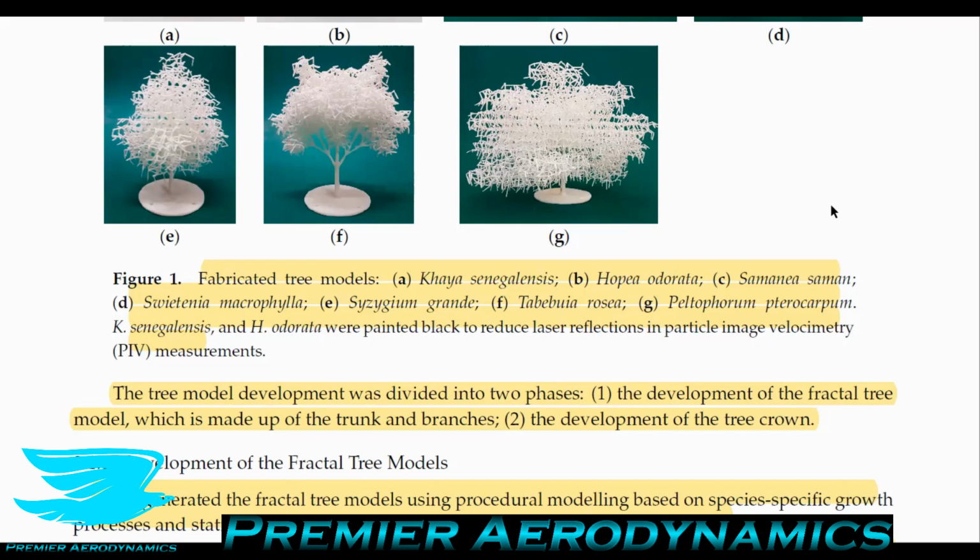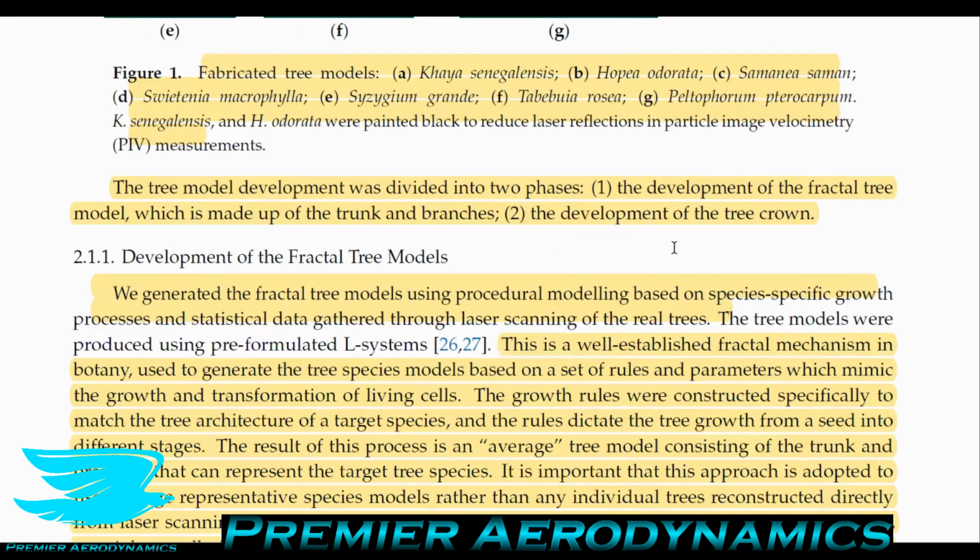Tree D is Swietenia macrophylla. Tree E is Syzygium grande. And tree F is Tabebuia rosea. Oh no, sorry. And then tree G is Peltophorum pterocarpum. Okay, so those are the 7 different ones in Latin.